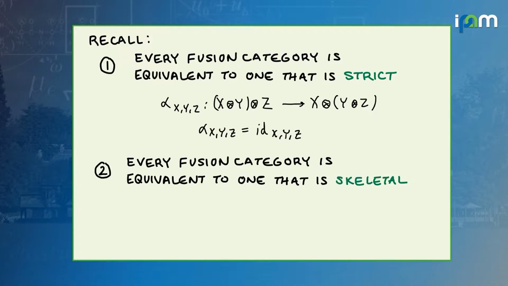Another tool that we have is to use the fact that every fusion category is equivalent to one that we sometimes call skeletal. And you've seen this earlier today in Eric's talk and also yesterday in Dave's talk. And when you're working with a skeletal fusion category, what this means is that there's formally one object per isomorphism class of simple objects, let's say.